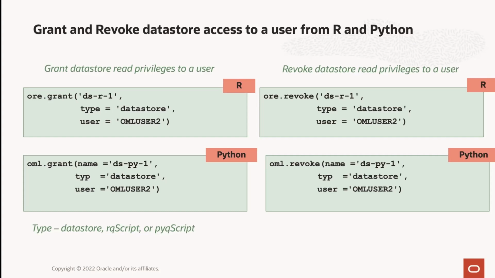The type argument specifies whether the grant access is for either a data store or a script. And here we have it labeled as data store. And lastly, the user argument specifies which user to grant or revoke access to. On the left-hand side, those are the functions that pertain to the grant. And on the right-hand side, those are the functions that pertain to revoke.